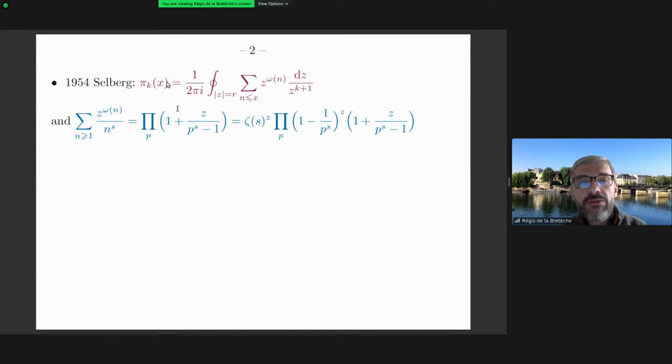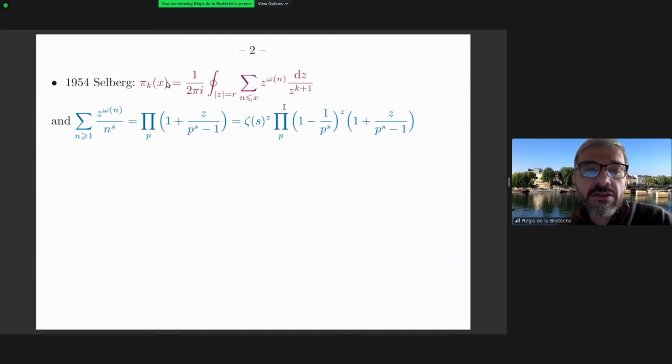And when you look at the Dirichlet series of this function, you find an Eulerian product, and you can approximate it by zeta of s to the power z times a convergent Eulerian product.